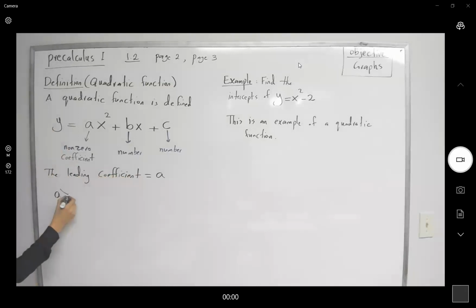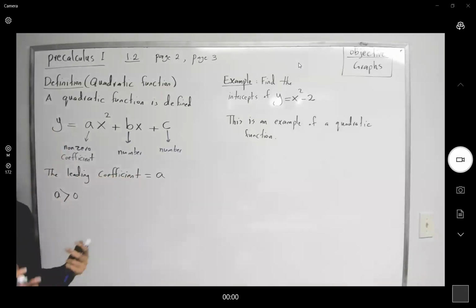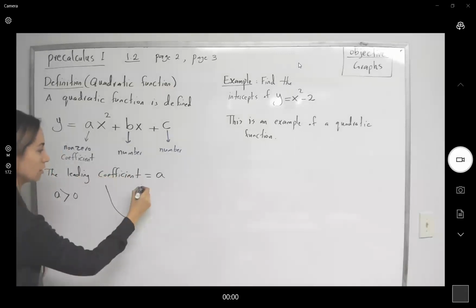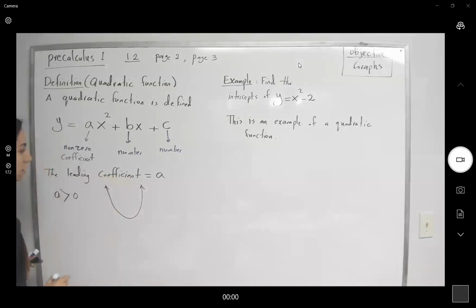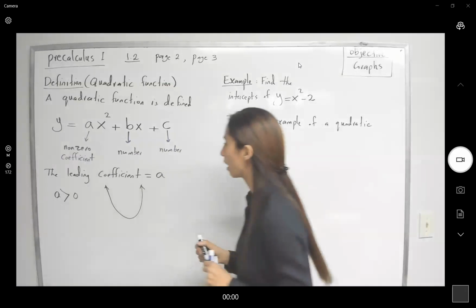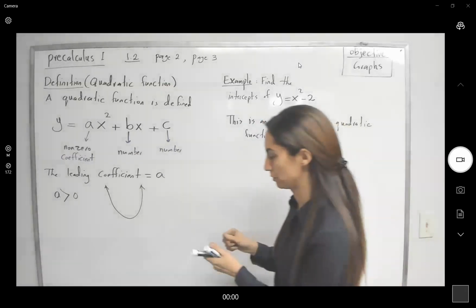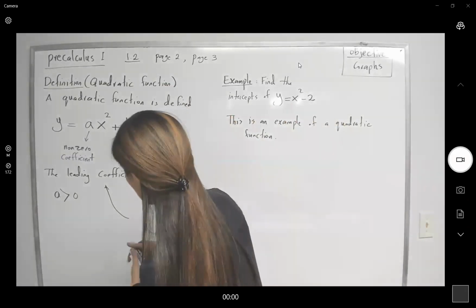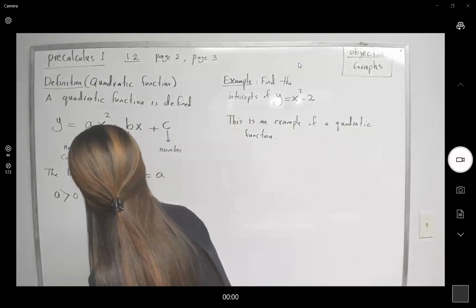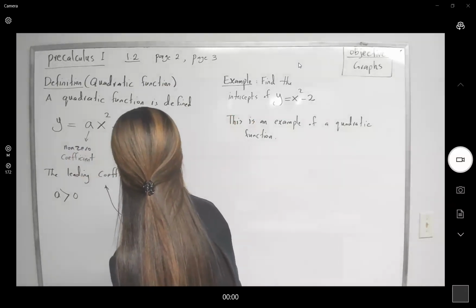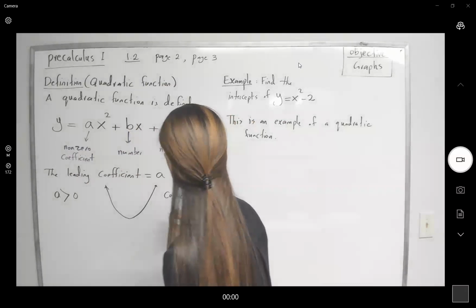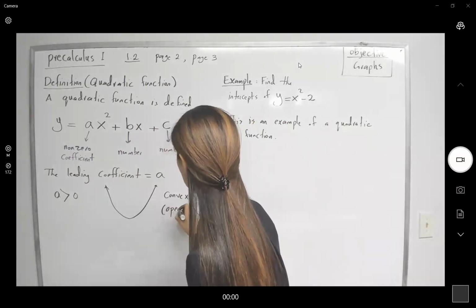If a is positive, then the general behavior of the graph is like this. We say that we have a convex graph, or it opens up.